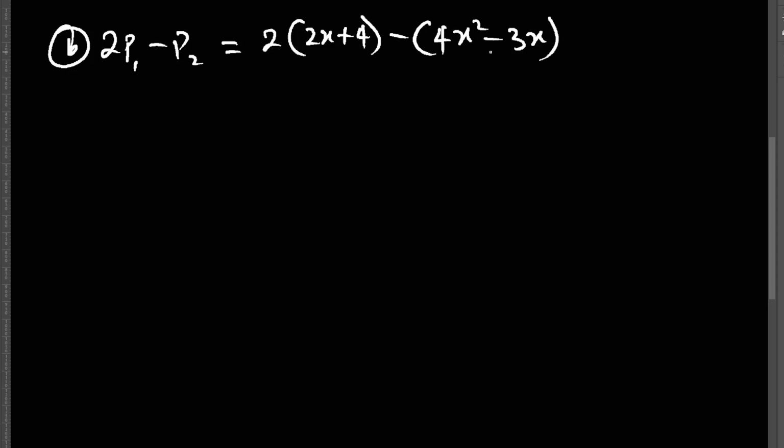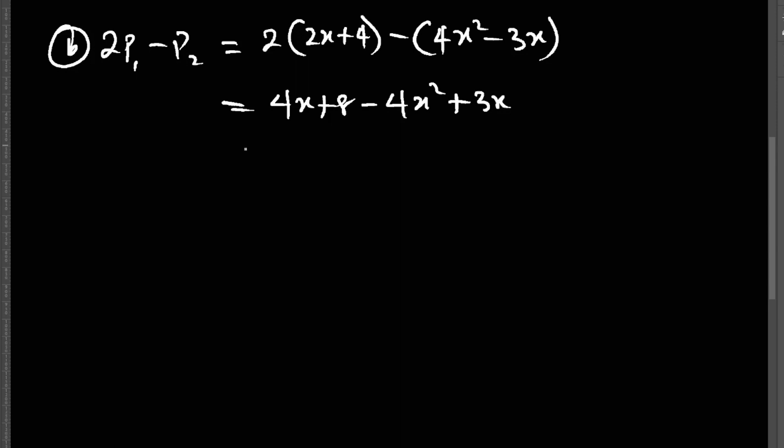So if this is what I have for my P2, then I can solve the question like this. 2 times 2, that will give us 4x. Then 2 times 4, that's plus 8. Minus times 4x squared, that's minus 4x squared. And this will be plus 3x.